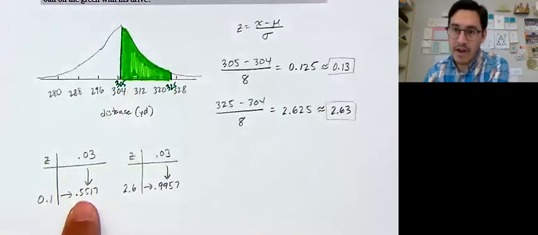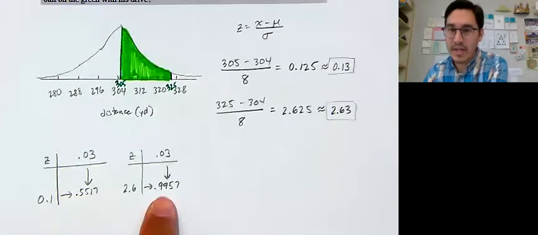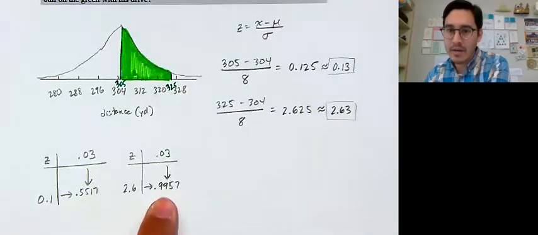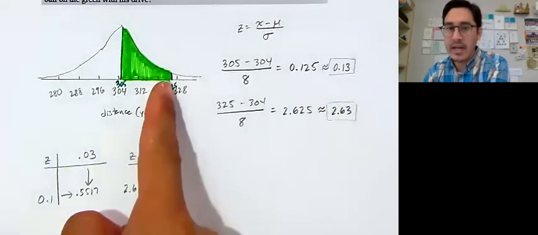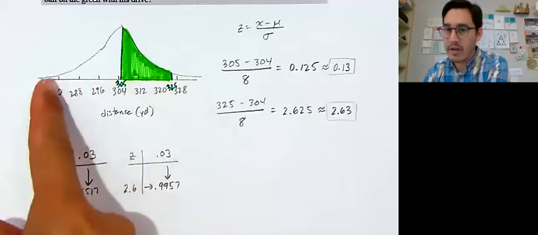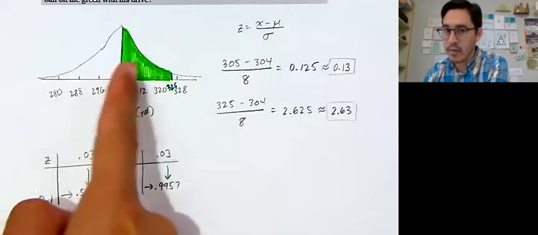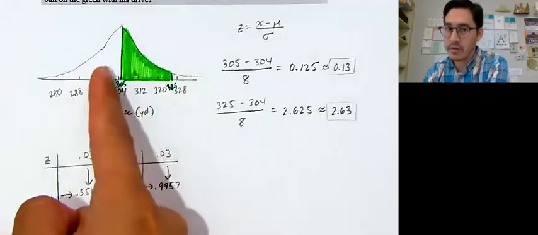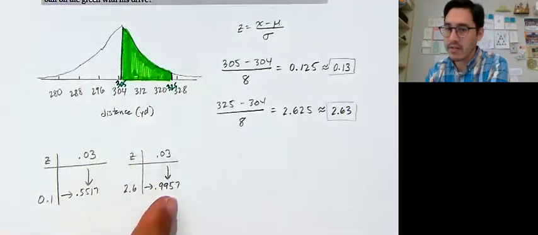This is 55% and this is 99%, and neither one of those is correct. So what are these numbers representing? The 99% is telling us that 99% of the drives will be less than 325 yards. So it's what we want plus this extra region here, which is not shaded. The sum of these two regions is 9957.